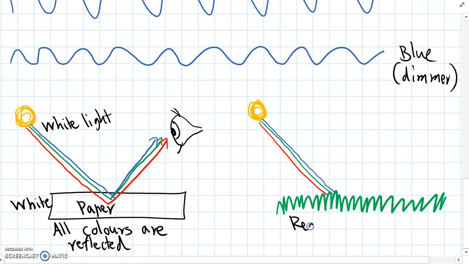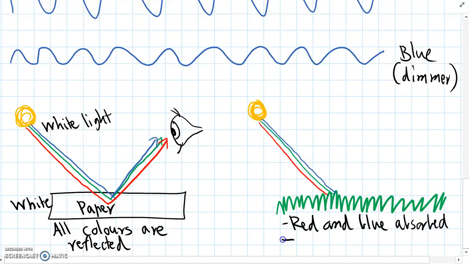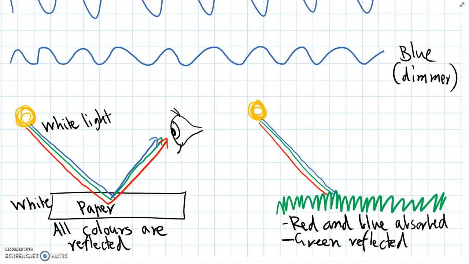So red and blue colors are absorbed. And only the green light is left to be reflected. So only the green manages to reflect off.